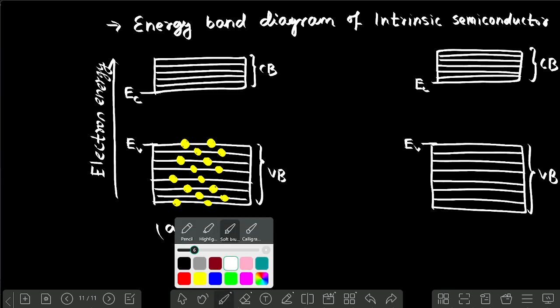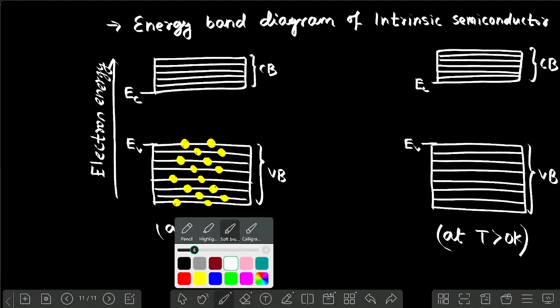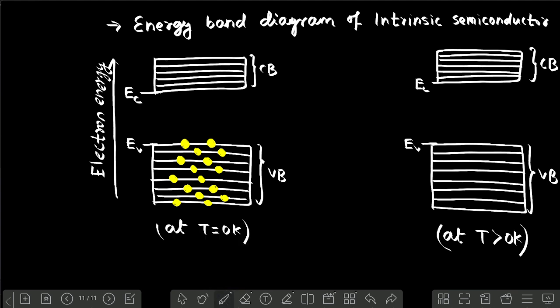Now what will happen for T greater than 0 Kelvin? That means some temperature is given. So when temperature is given, electrons will get thermal energy and they will try to go to the conduction band. They will move to the conduction band. Yes or no?